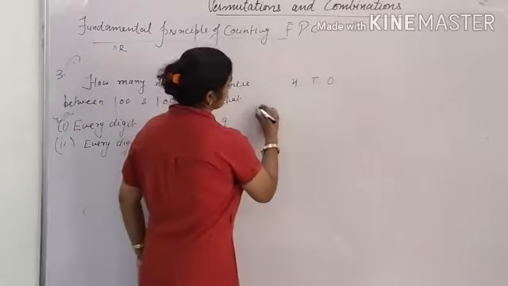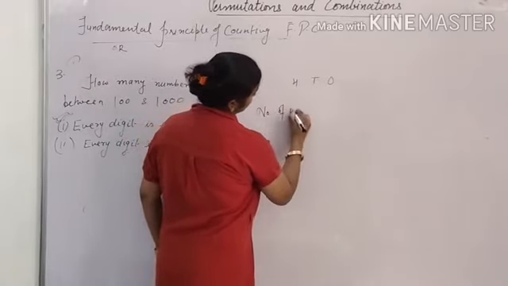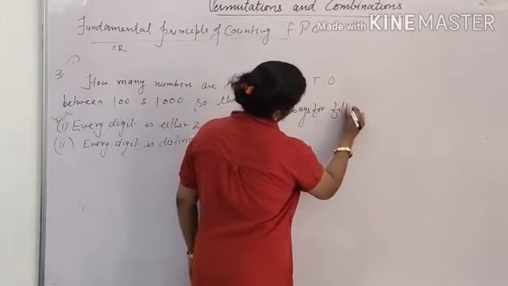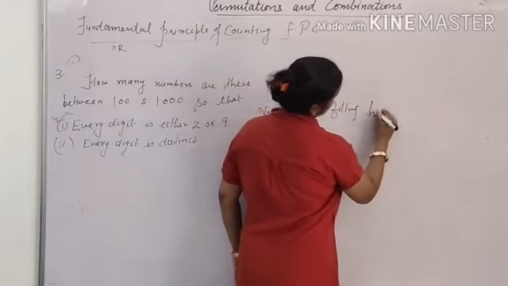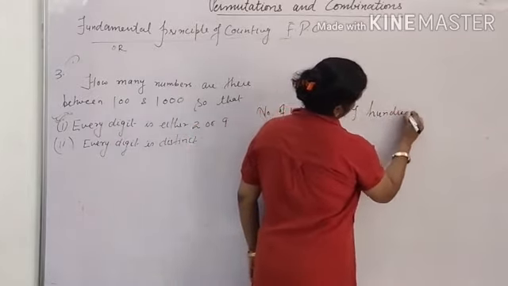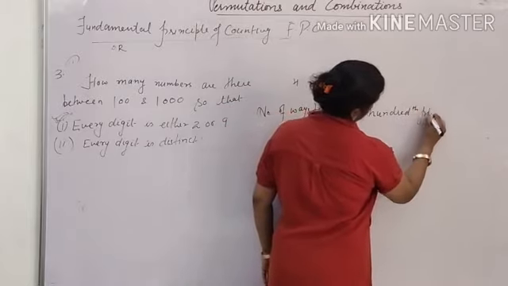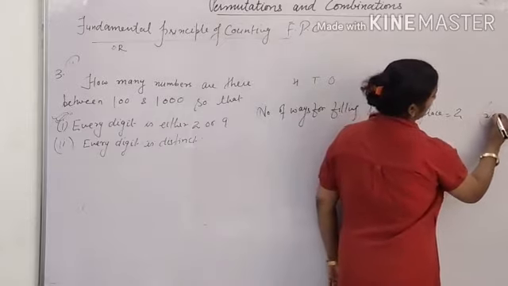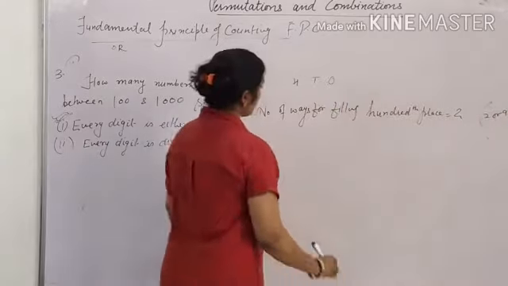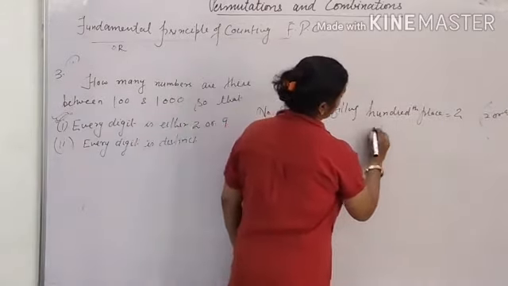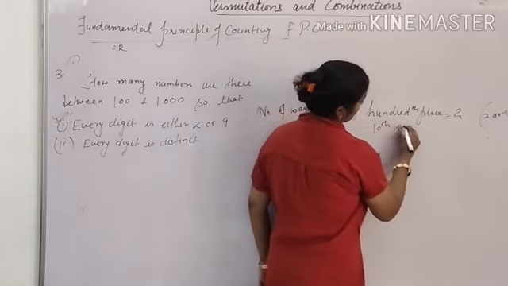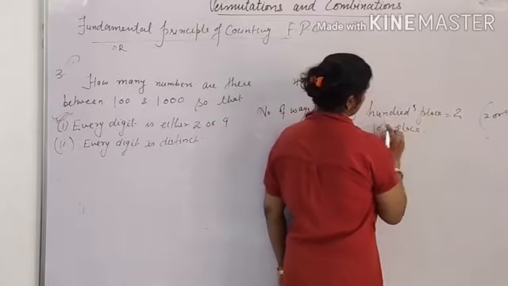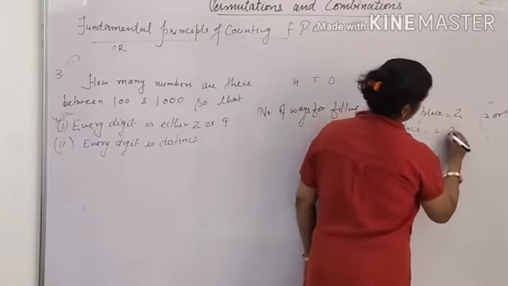So the number of ways for filling the hundreds place is 2 because it is either 2 or 9. Similarly, the number of ways for filling the tens place is again 2.